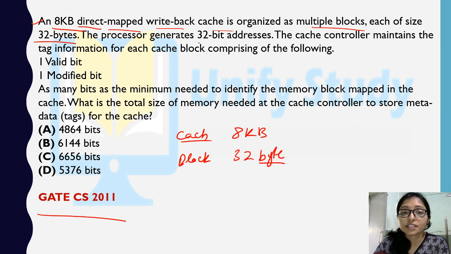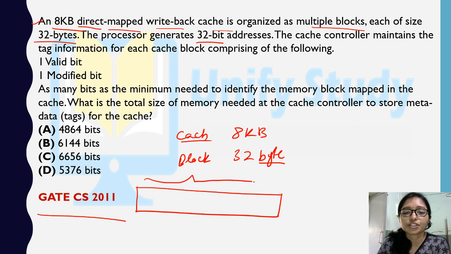And the processor generates a 32 bit address, which means the total physical address is 32 bits. Don't be confused between byte and bit. This is a 32 bit address.